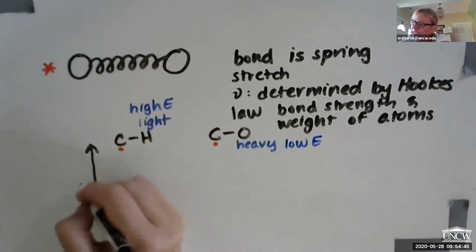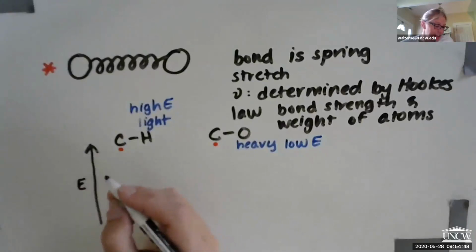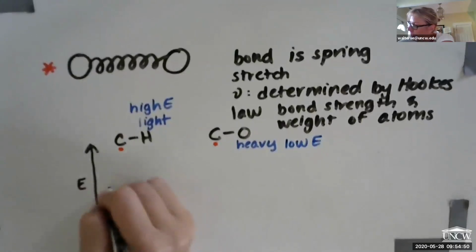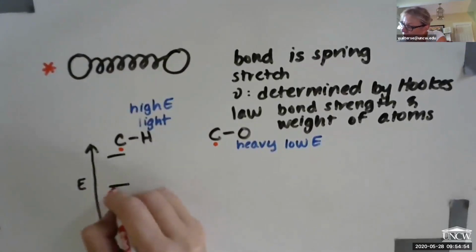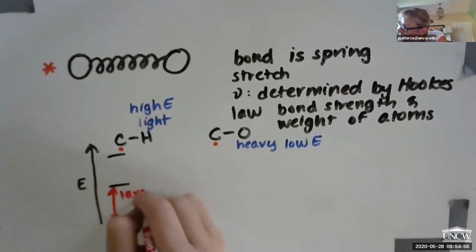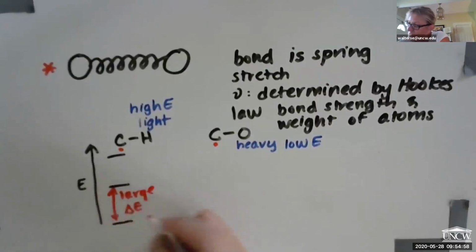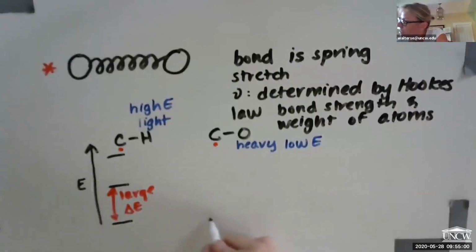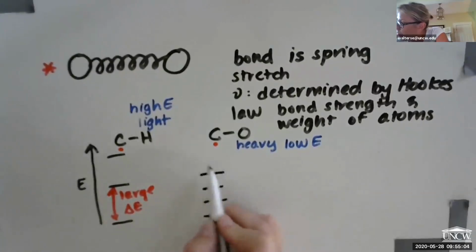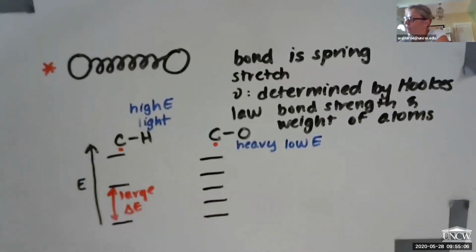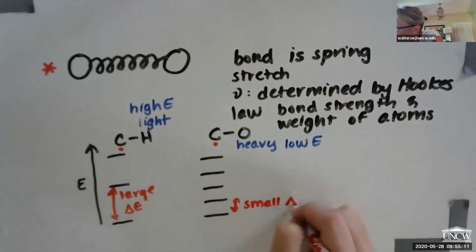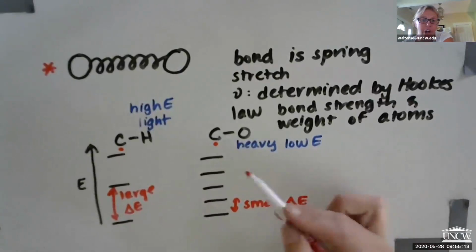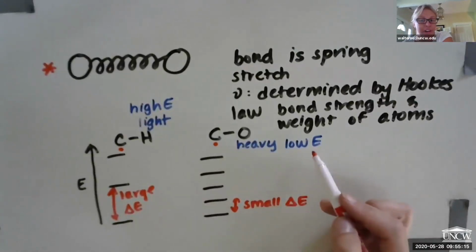And what that means in terms of your energy level diagram is that you're going to have large differences in energy in the vibrational states for carbon bonded to a light atom versus small differences in energy when carbon is bonded to a heavier atom.